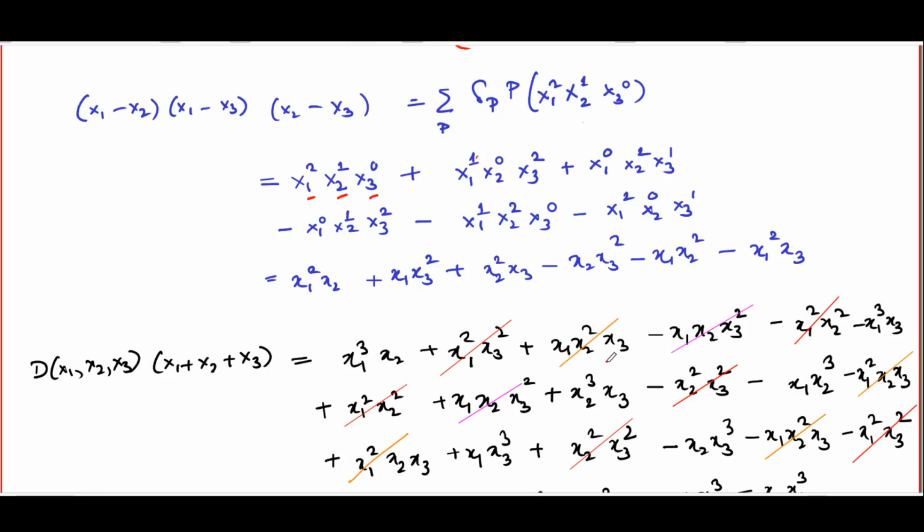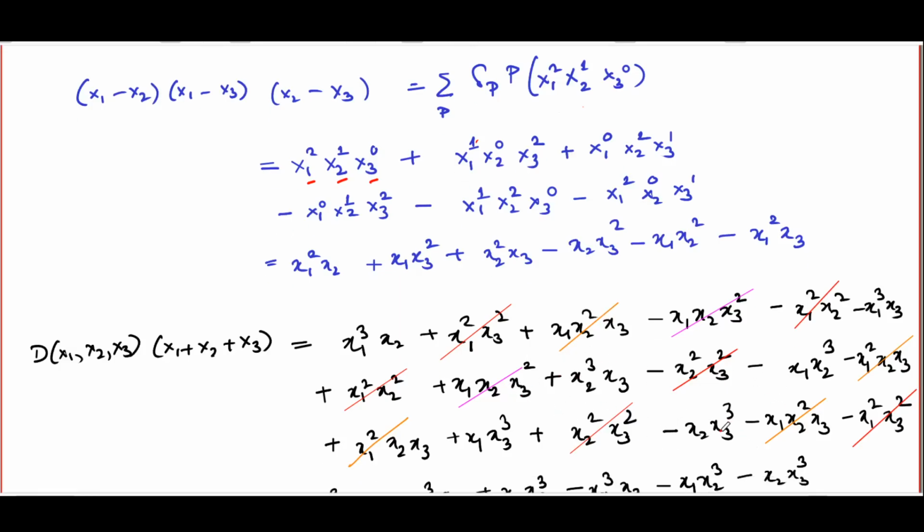And as a result, it must cancel with a term which comes with the opposite sign somewhere down the line. Sure enough, if you look hard enough, you get this term minus x1, x2 square times x3, which cancels this one out.